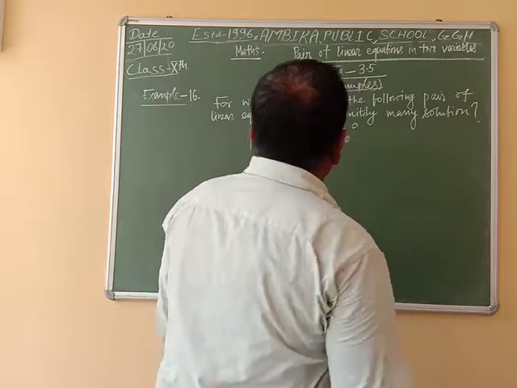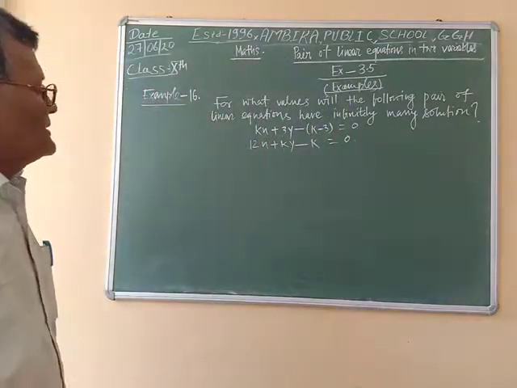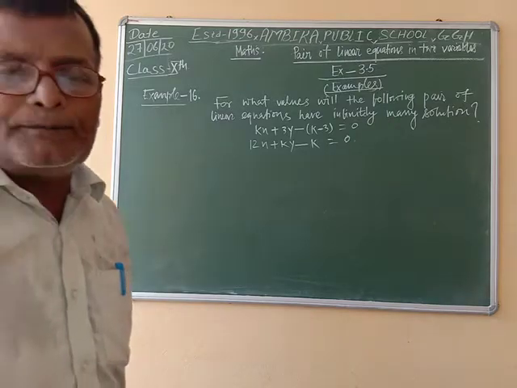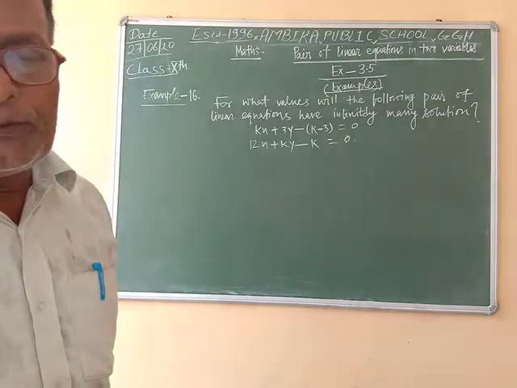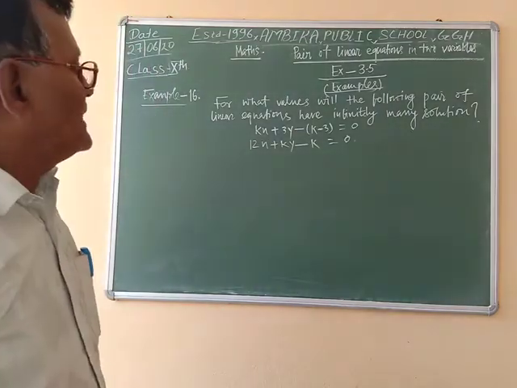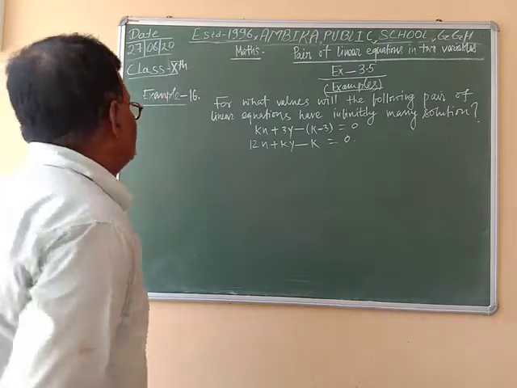We are given a pair of linear equations kx plus 3y minus k minus 3 is equal to 0, and 12x plus ky minus k is equal to 0. Now we have to find the values of k for which the linear equations have infinitely many solutions.